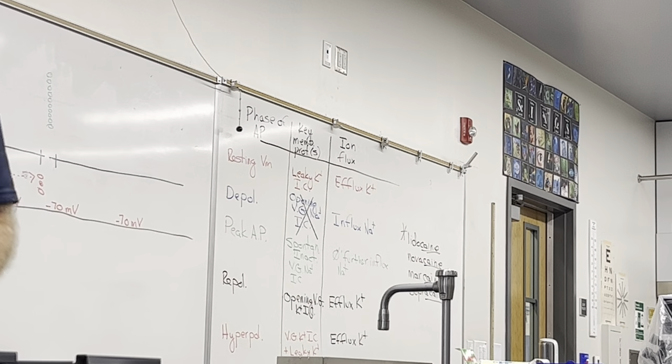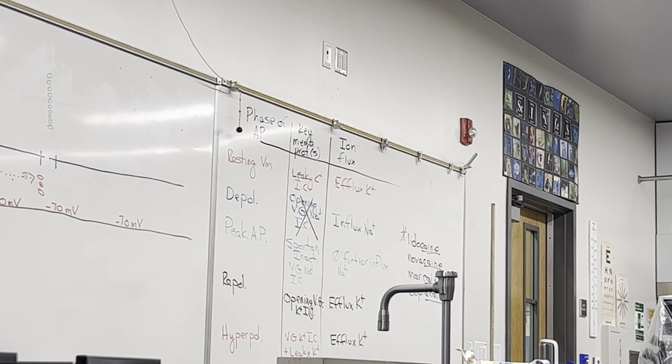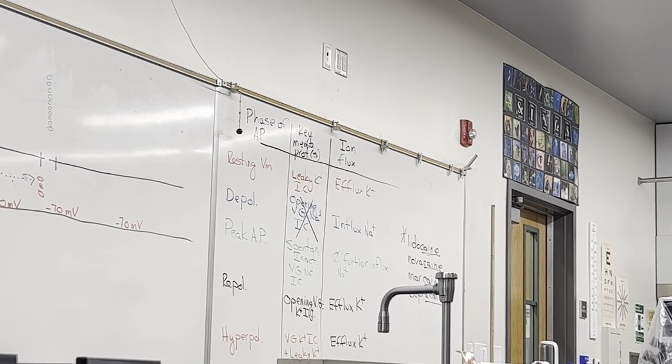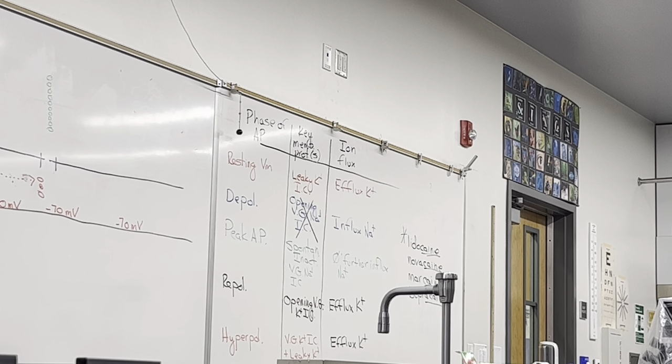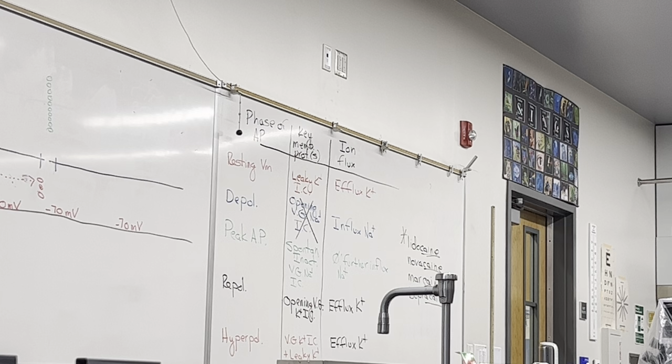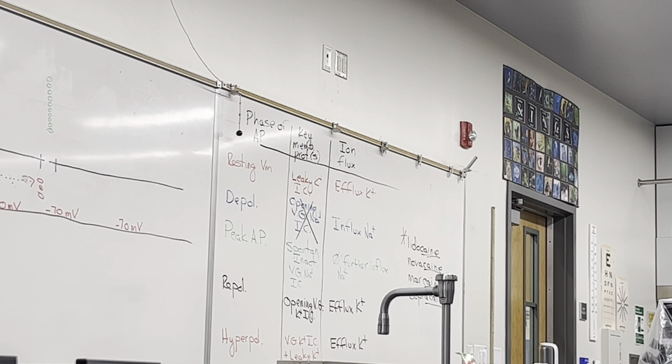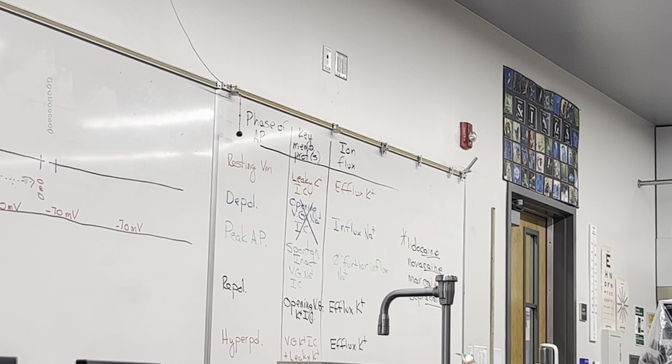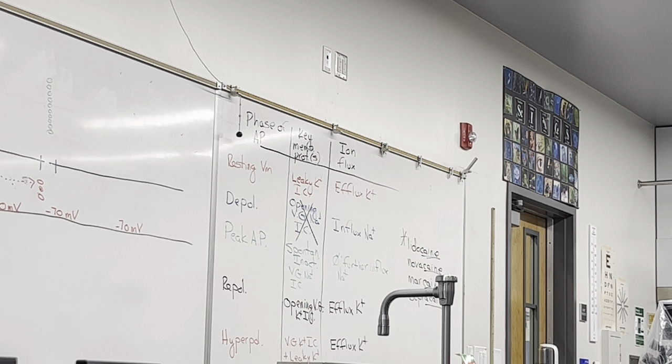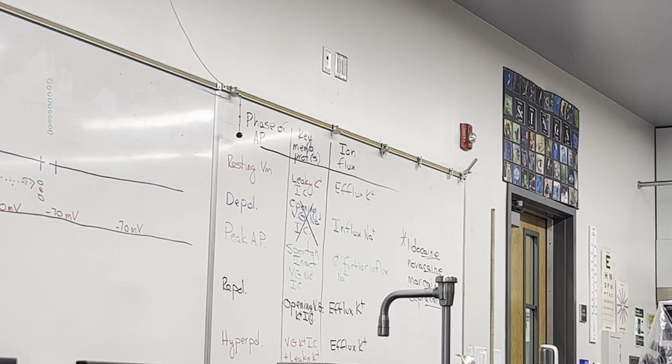What do you think? Does that seem like a system that can propagate an action potential very quickly down the length of that axon, or is it going to be relatively slow? What would you say, Michael? I would think they propagate quickly. Quickly, okay. Anybody else? It's relying on diffusion, right?